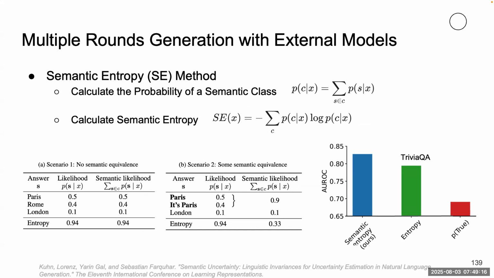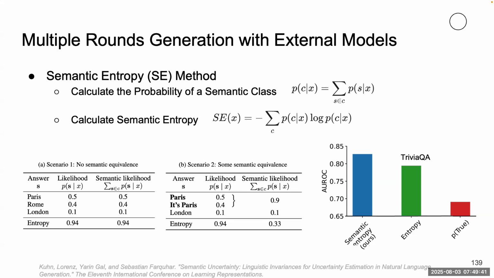You'll find it's very similar to the previous one, but here it's cluster entropy rather than the entropy of specific generated answers. Previously we had S as one generated sample, but here we have the probability of a cluster being generated given S, so this is over the cluster.